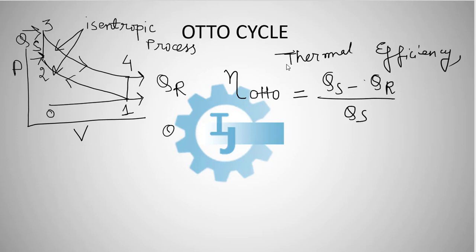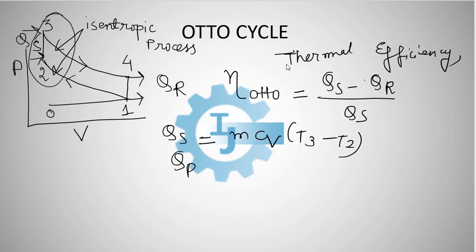Here heat is supplied at constant volume. So QS will be m Cv (T3 minus T2). Here heat is supplied, and heat rejected QR will be m Cv (T4 minus T1). Here heat is rejected.